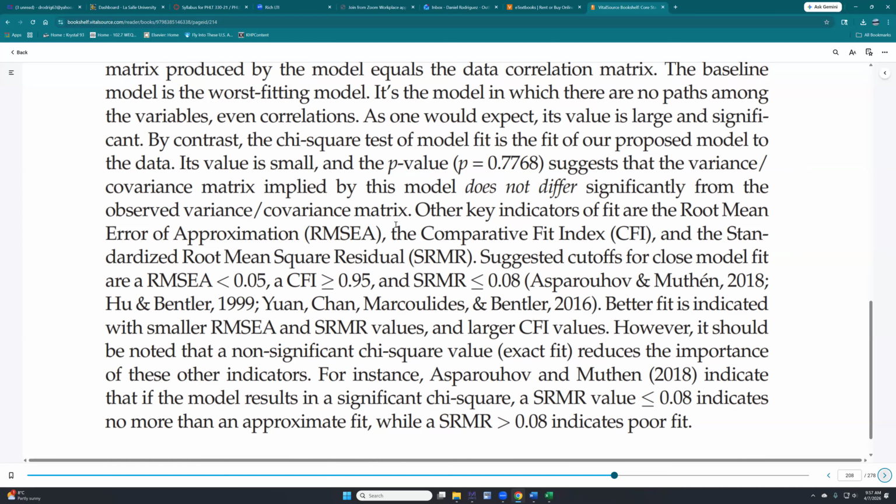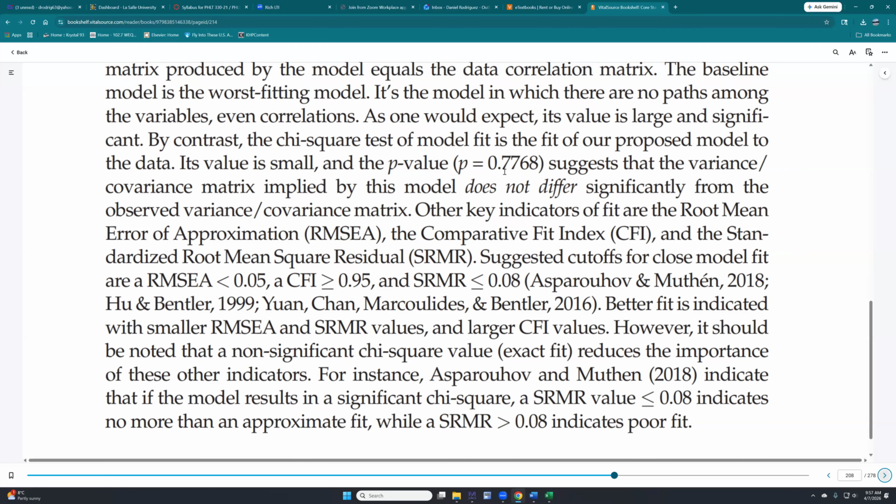So if this was significant, that would indicate that there's some model misfit somewhere between the model and the data, and I'd have to investigate that. We didn't have any here. However, it's quite possible that we could. So you'd want to investigate that.